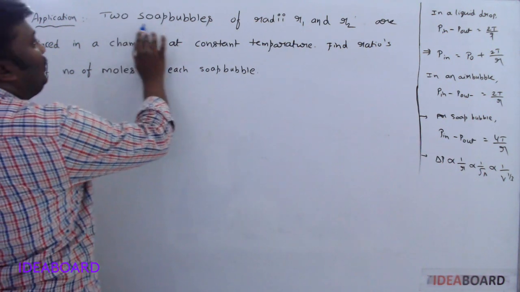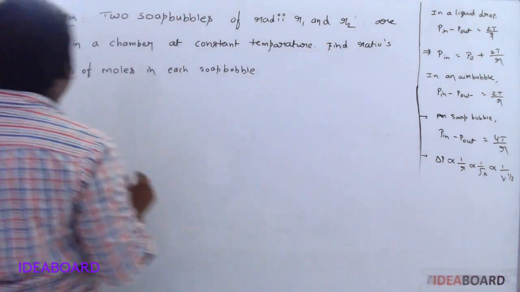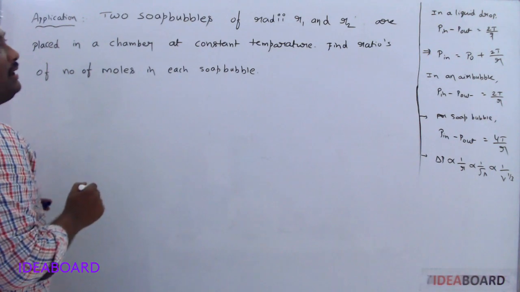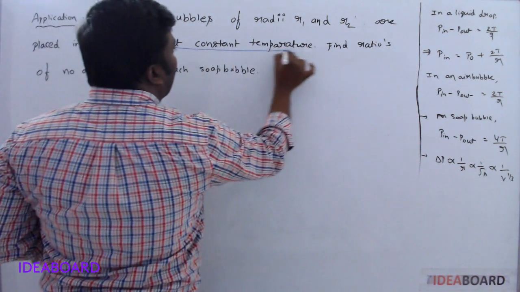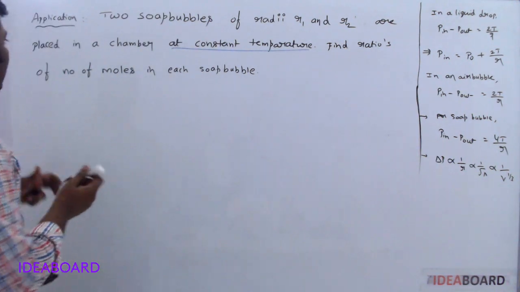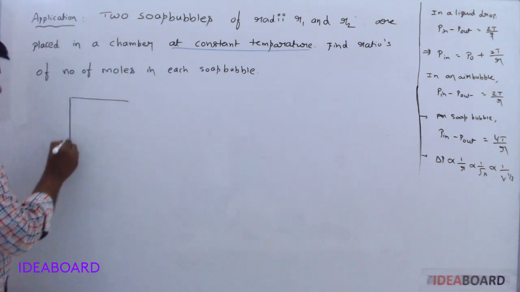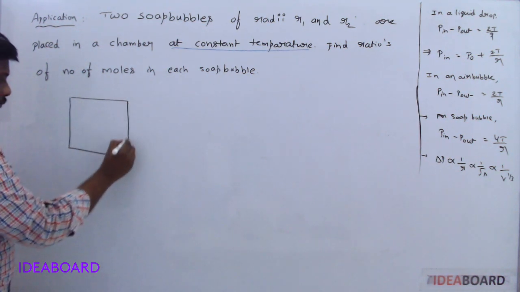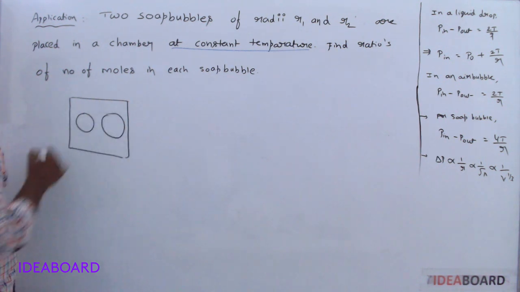Here, he considered two soap bubbles of radii R1 and R2 placed in a chamber at constant temperature. In a chamber there are two soap bubbles.